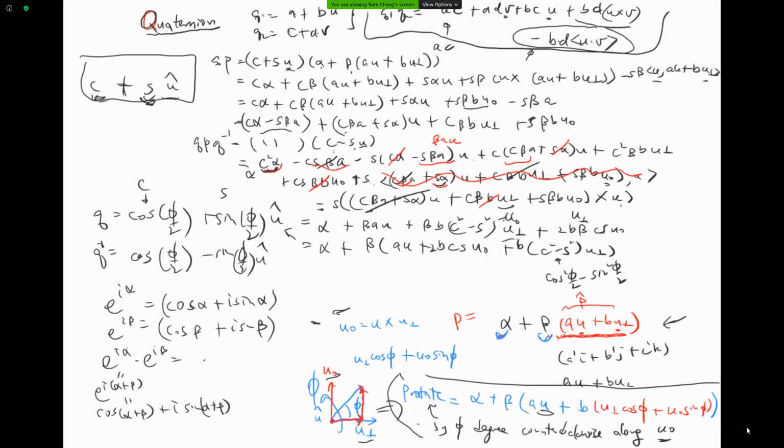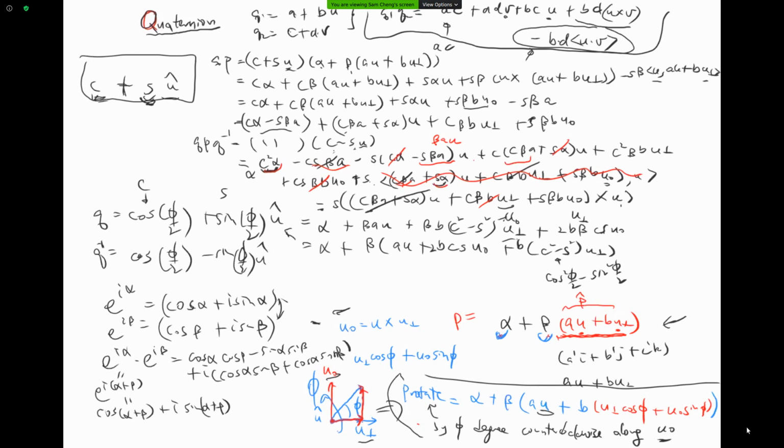And if I expand this, multiplying these two, I will get cosine alpha cosine beta minus sine alpha sine beta, plus i times cosine alpha sine beta plus sine alpha cosine beta.